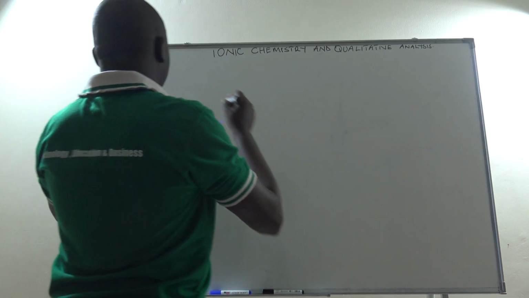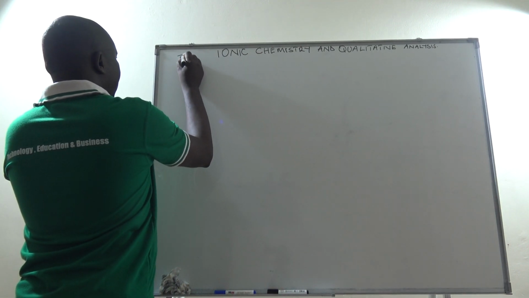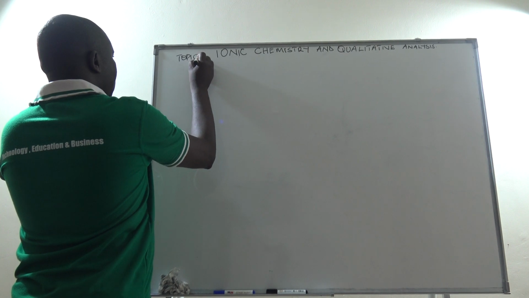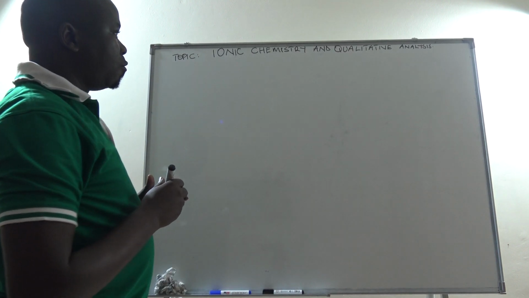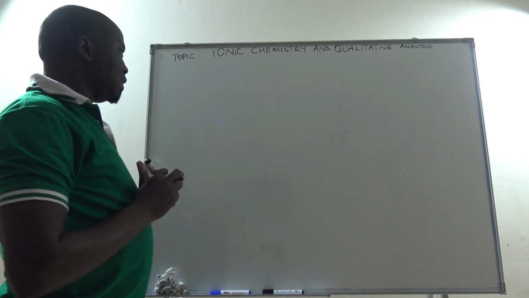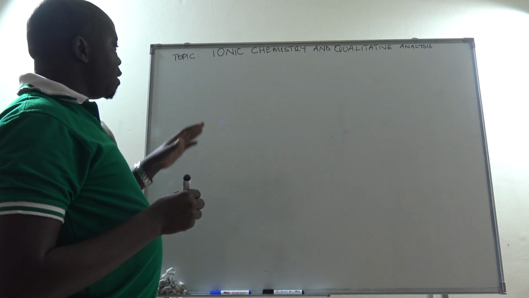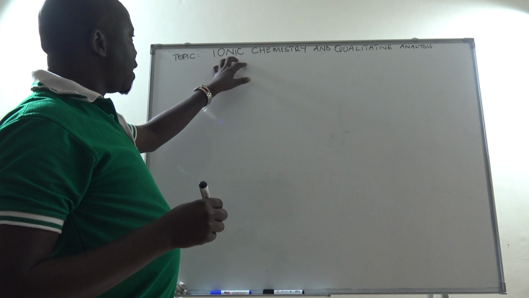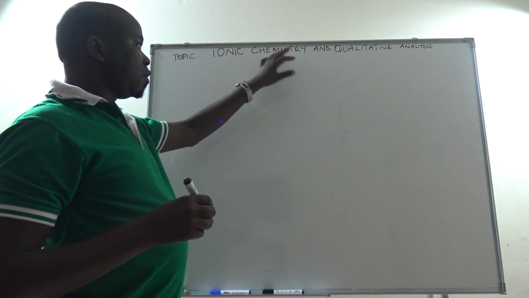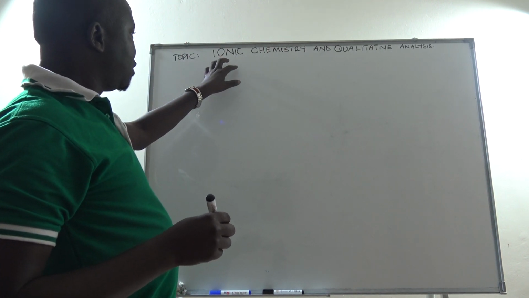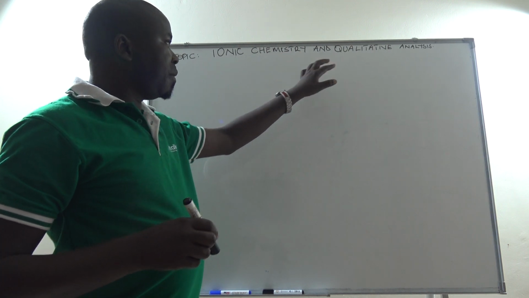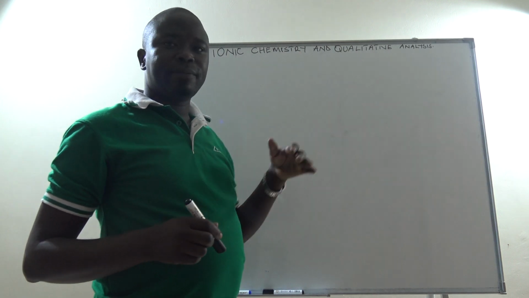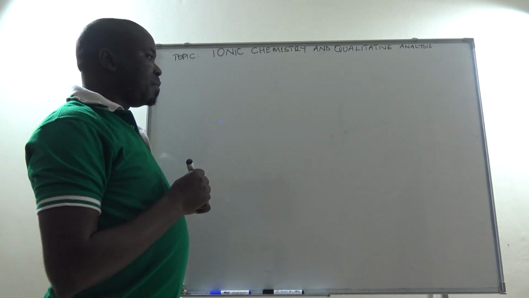So, this is our topic, ionic chemistry and qualitative analysis. Now, you can see that as per the title of the topic, we have two things here. That is ionic chemistry. Then we have qualitative analysis. So we are going to look at them one by one.